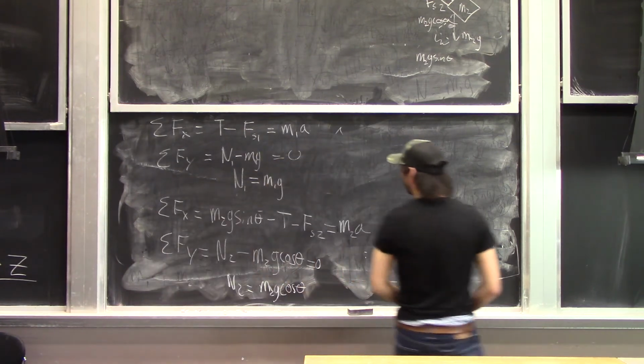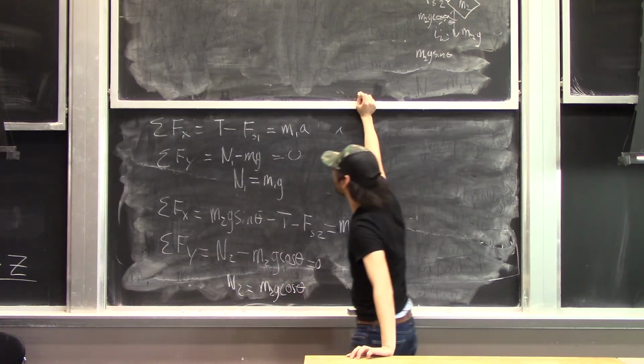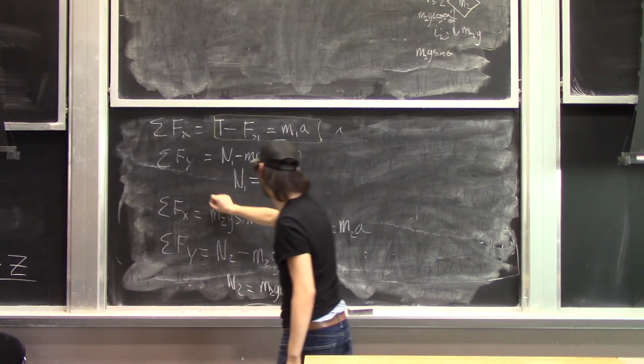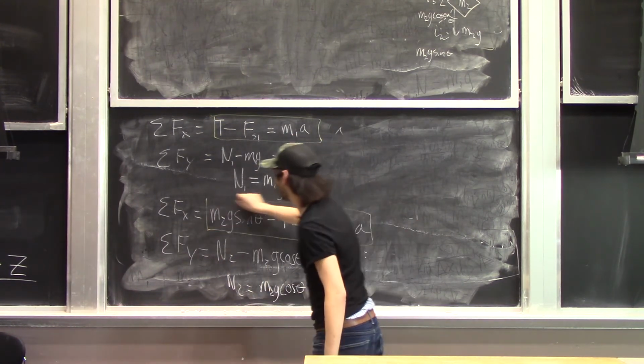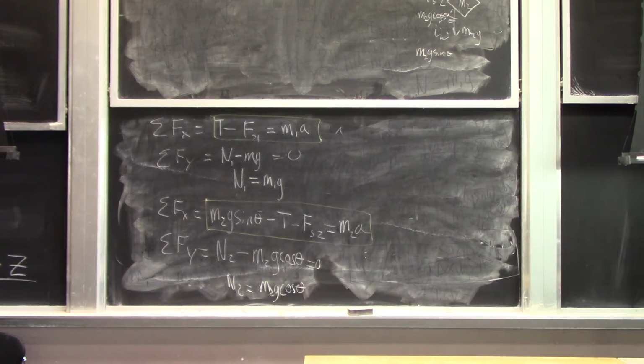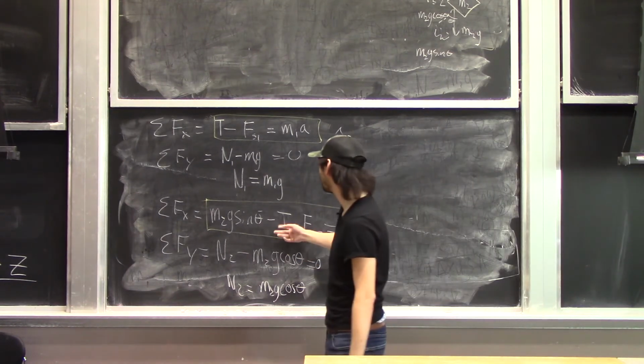Now, let's look at our equations in the x direction. If I look at this equation and I look at this equation, we can apply the same trick that we did in the last problem, and that's to add one equation to the other in order to cancel what the tension is.